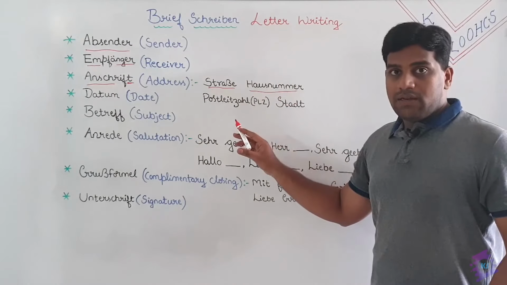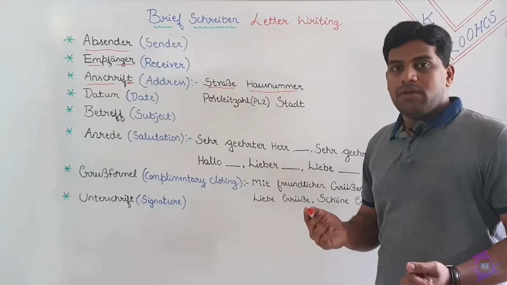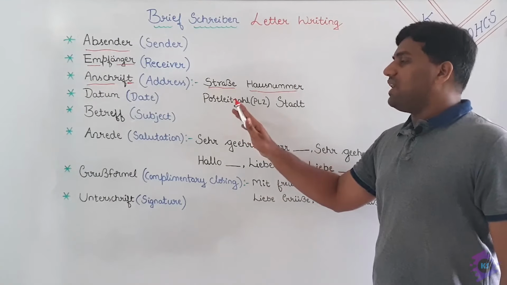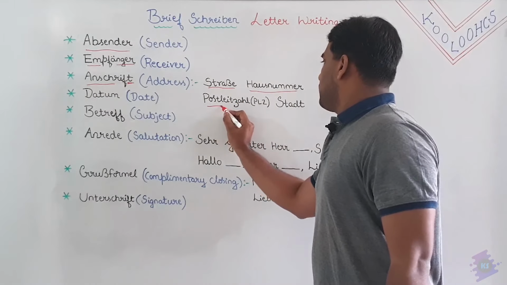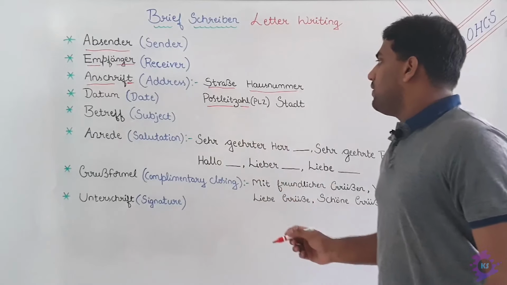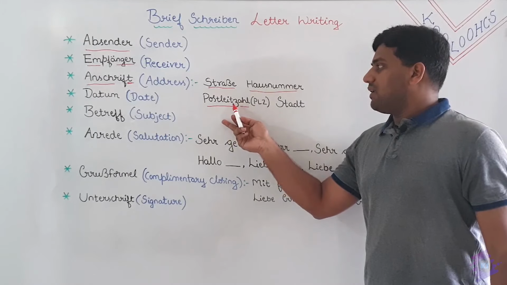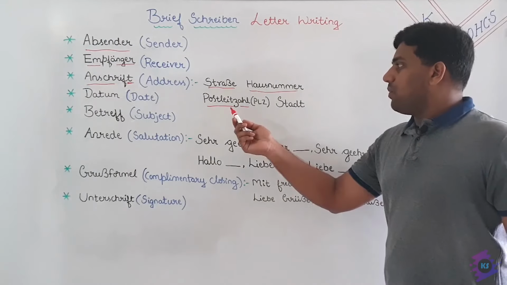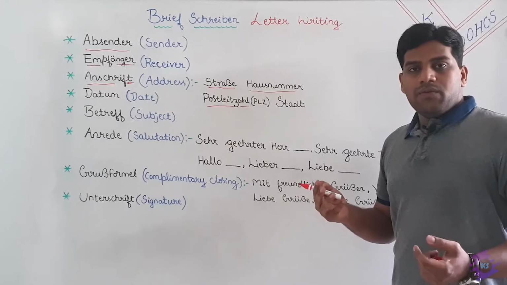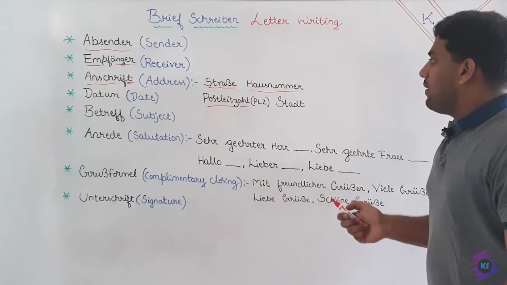And then in the next line, not in the same line, you specify the postal code. Postal code is called Postleitzahl in German. It is also called PLZ. It will normally be a 5-digit postal code in Germany.